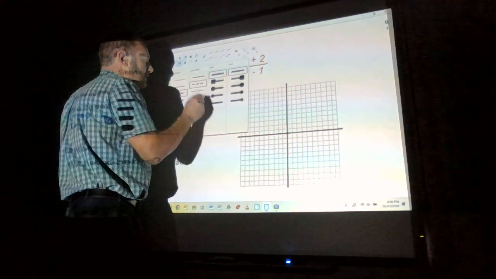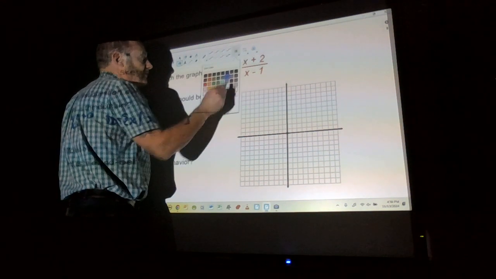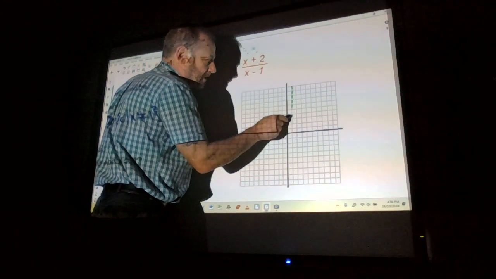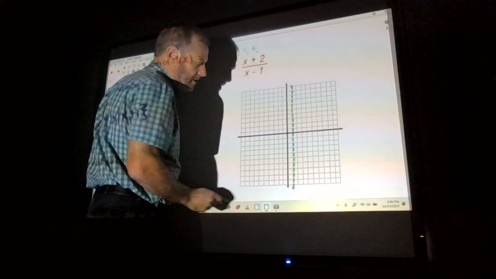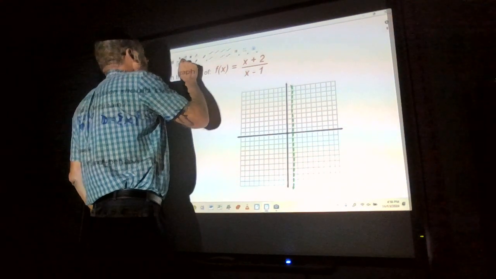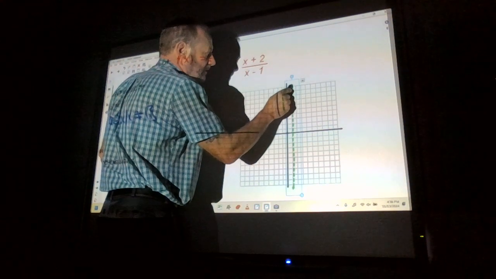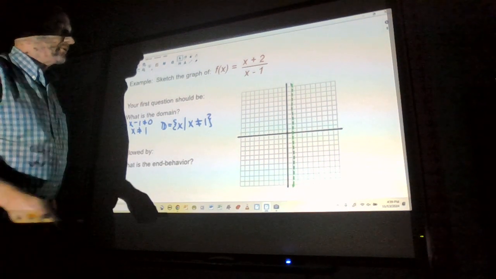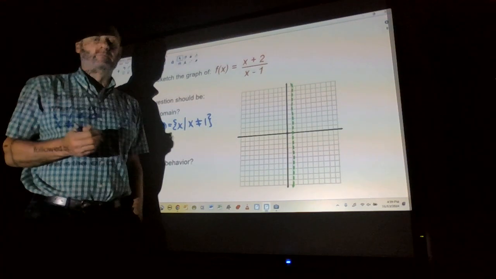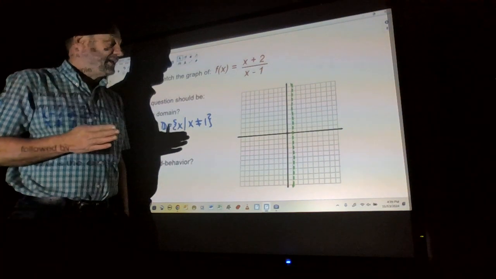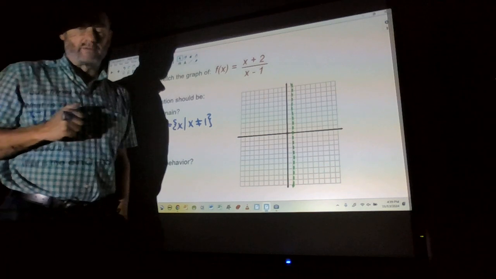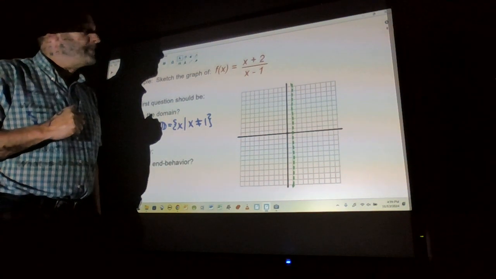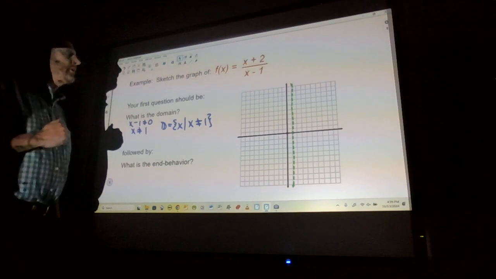So we'll go ahead and make a vertical asymptote here in a nice bright green, right here at 1. All right, so there's my asymptote. Now, what happens with the vertical asymptote is that you can never touch it. You can get as close as you want to it, but you can never touch it.